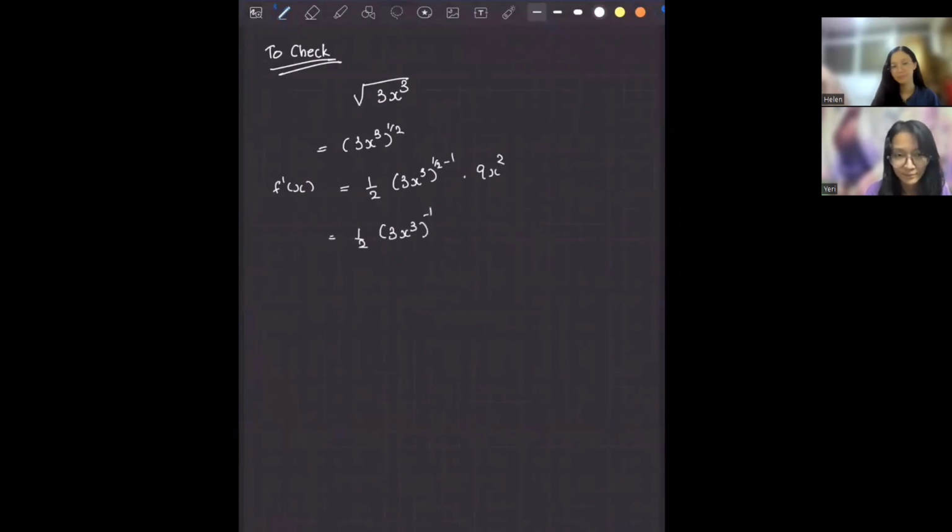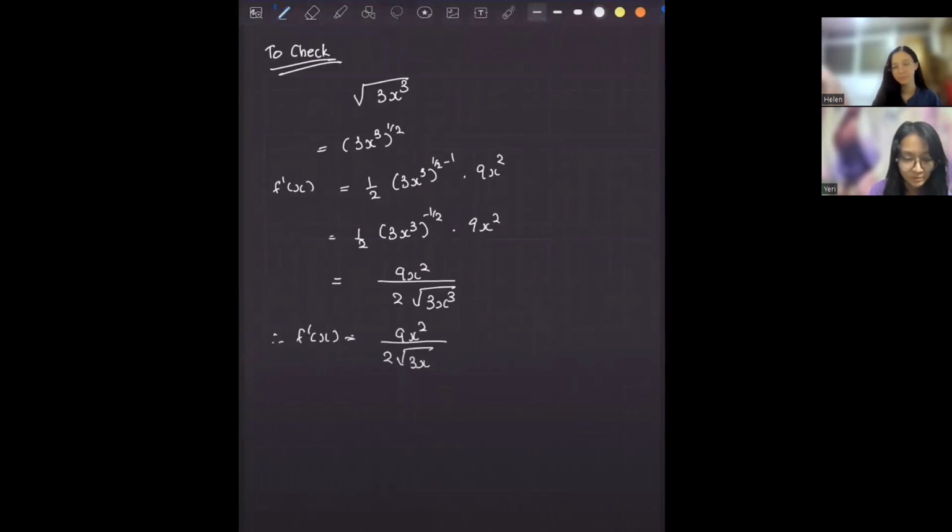We can also check whether the answer is right or wrong with another strategy by using the power rule. So here, for the function, we can calculate like that. So we get 9x squared over 2 root of x cubed.